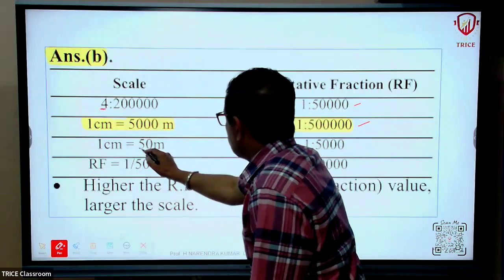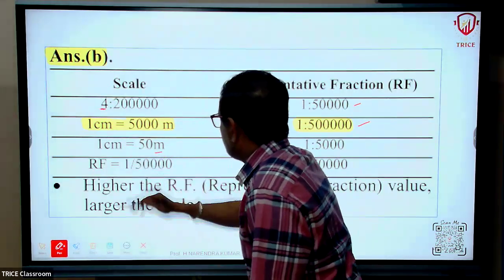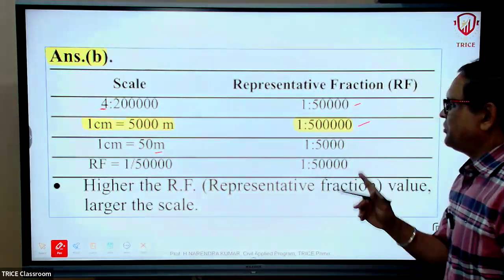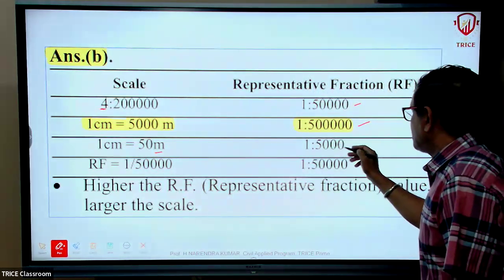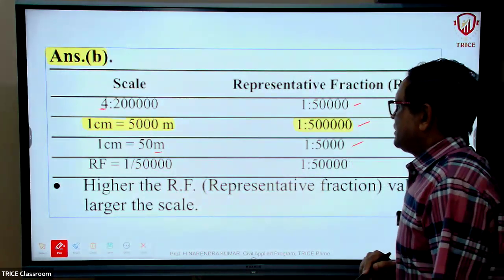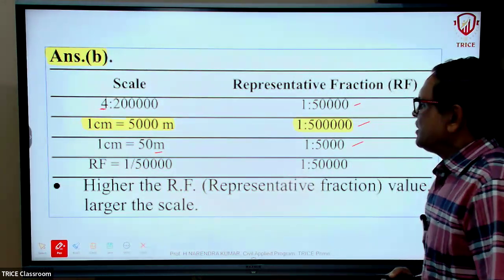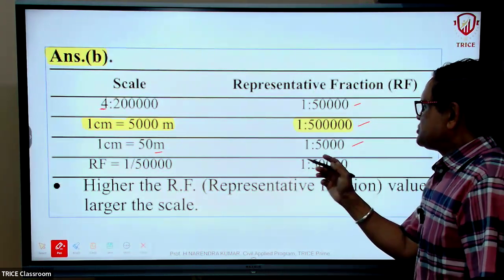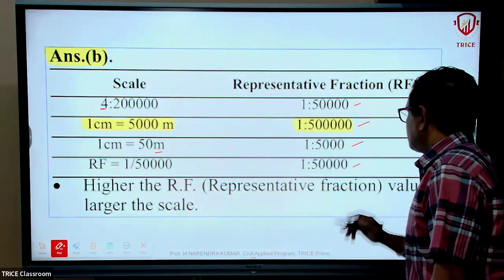Once again, I need to convert meter into centimeter. 50 multiplied by 100 becomes 5,000. So RF is calculated. The fourth is already in representative fraction, 1 is to 50,000.